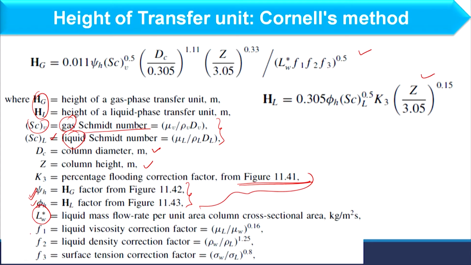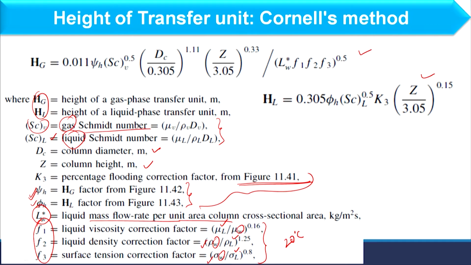Further, we have LW star, which is the liquid mass flow rate per unit area. Here I have other parameters like F1, F2 and F3, which are the correction factors according to the properties. So, here you see we have mu L by mu W, rho W by rho L and sigma W by sigma L. All these W are properties of water at 20 degrees Celsius, and mu L, rho L and sigma L are the properties corresponding to the liquid.